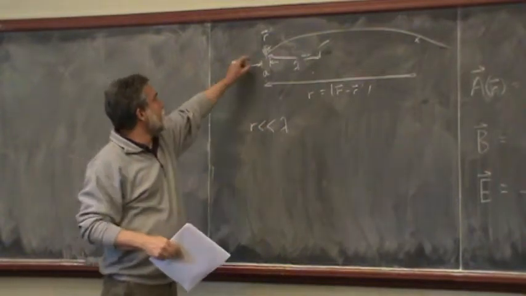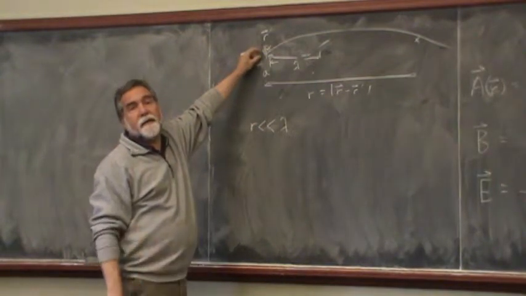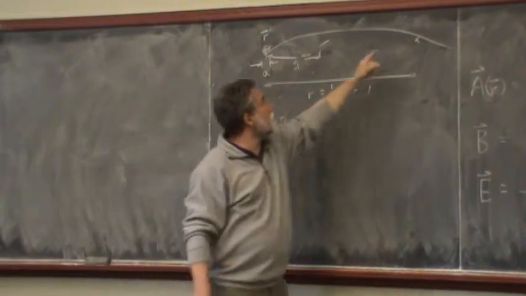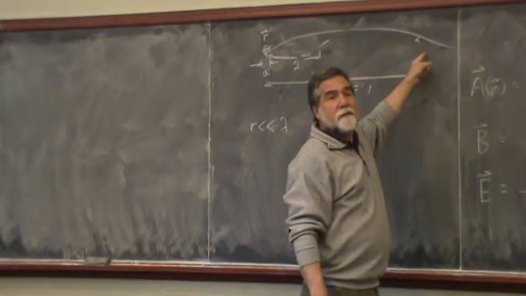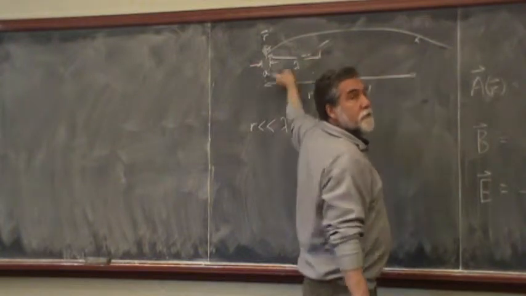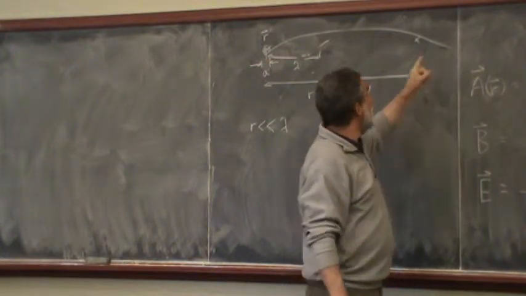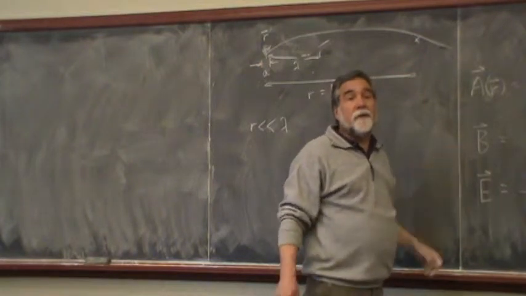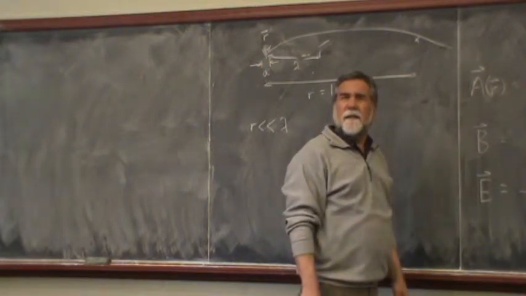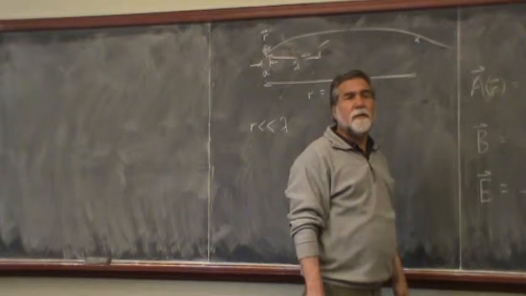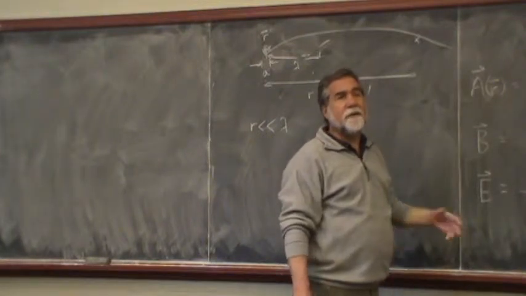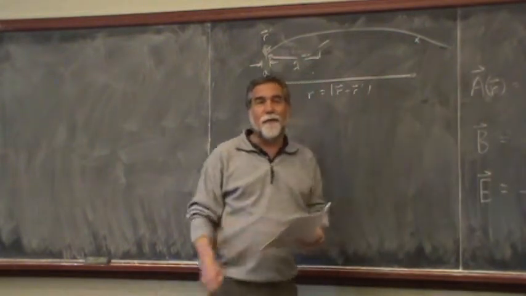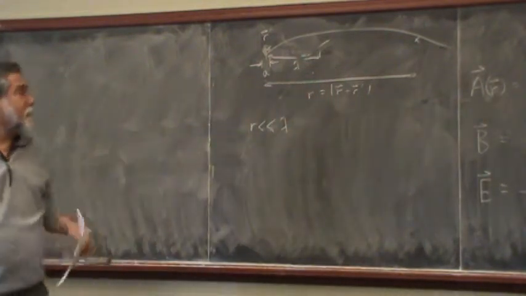My little oscillator might be a solenoid, which is a centimeter big. We're going to observe a meter away, so R is much, much greater than the size of the system. But if we're emitting at 10 kilohertz, then the wavelength's going to be hundreds of meters. I'm sure somebody will calculate the wavelength for 10 kilohertz.